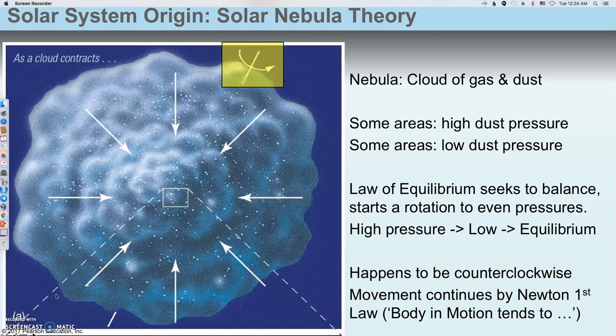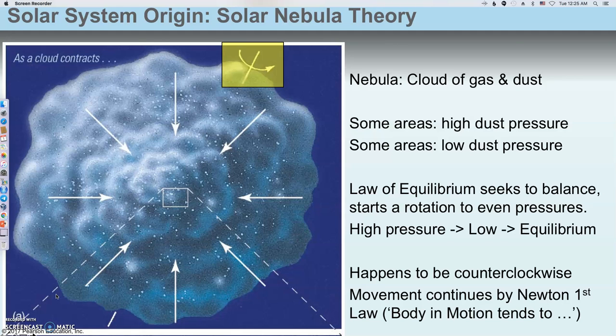And because of the law of equilibrium, that dust wanted to even out in its pressure. So it moved from high pressure to low pressure to even itself out. In doing that, it happened to be a counterclockwise turn.